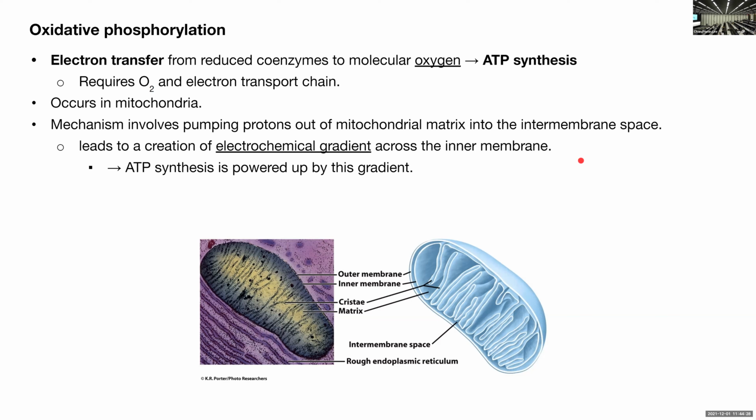All right, so today we're going to talk about the biochemical process that is directly involved in generating energy for the cellular systems. Oxidative phosphorylation is a critical biological process for this, and that's basically the process of electron transfer from reduced coenzymes to molecular oxygen. And reduced coenzymes, we talked about coenzymes a lot when we were talking about enzymes.